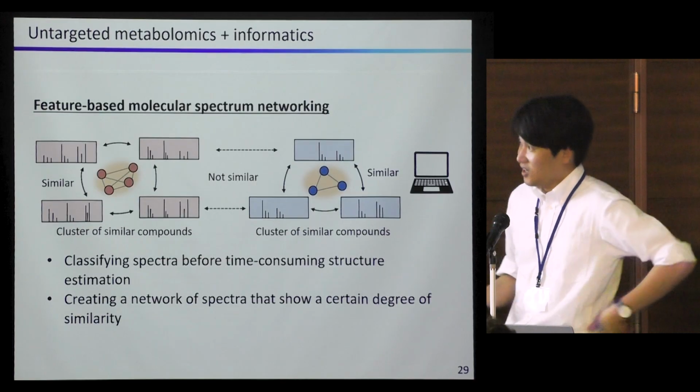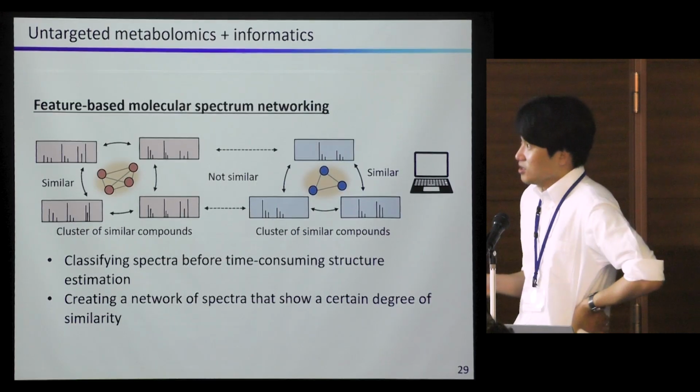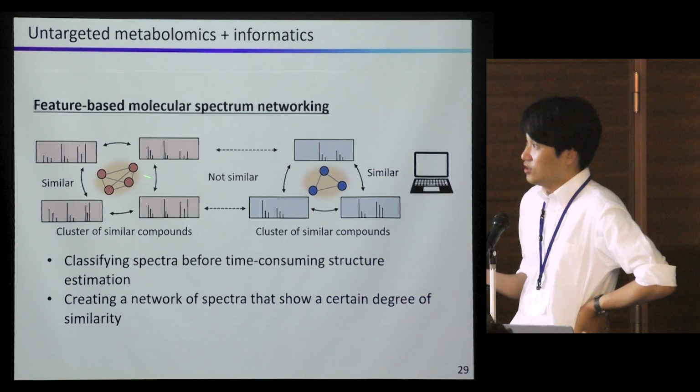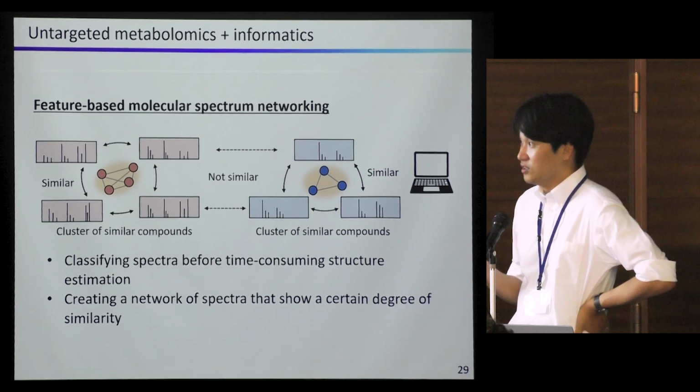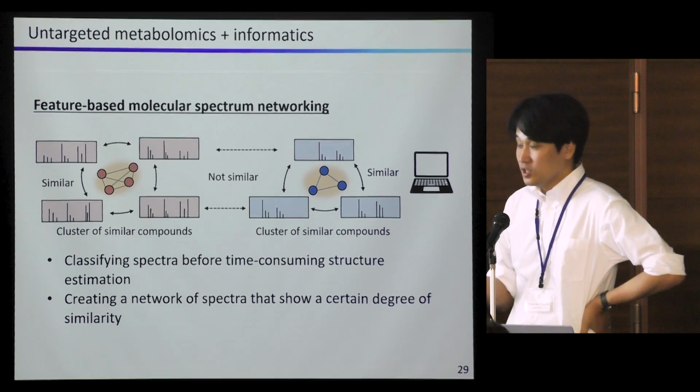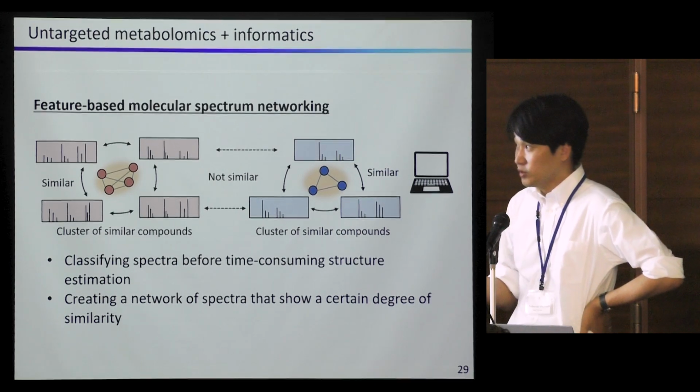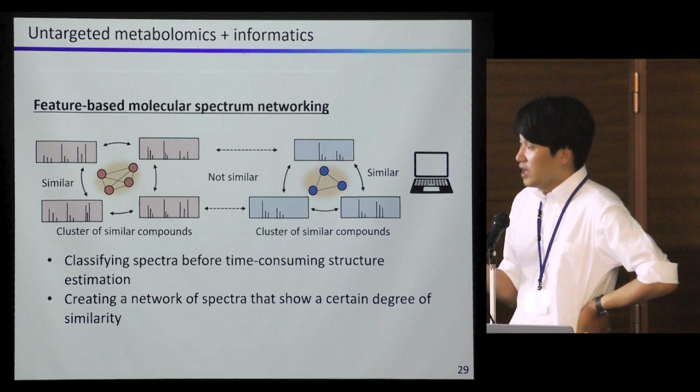So I use informatics. The spectrum is derived from the structure, so the same or similar structures produce similar spectra. So I classify the spectra before the time-consuming structure estimation.